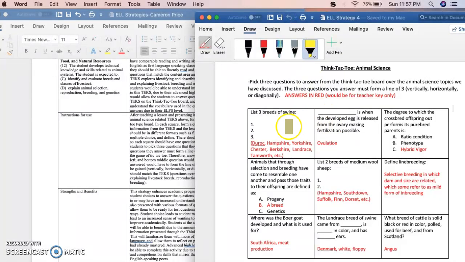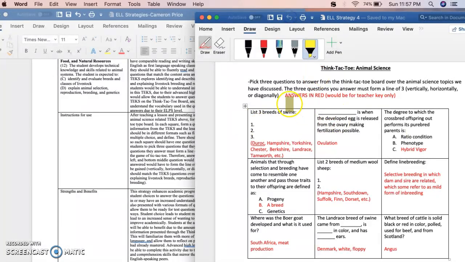If they decide they want to do the top left, top right, and bottom, that's 3, but it didn't make a line, so the Think-Tac-Toe wouldn't be up to par or effective. So again, they've got to make a line of 3 no matter which way it is. They can't just pick a random 3 like that.